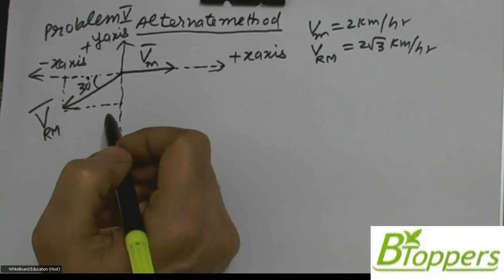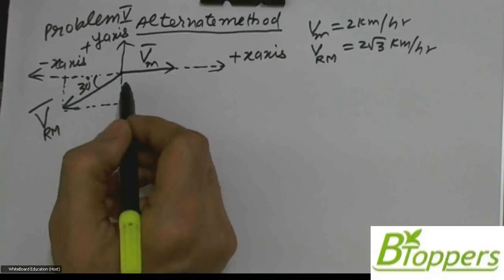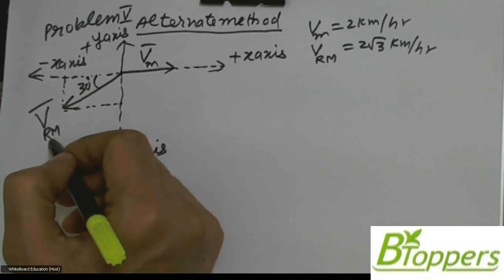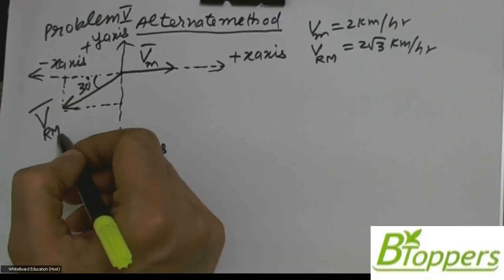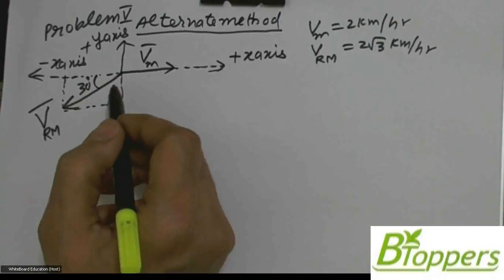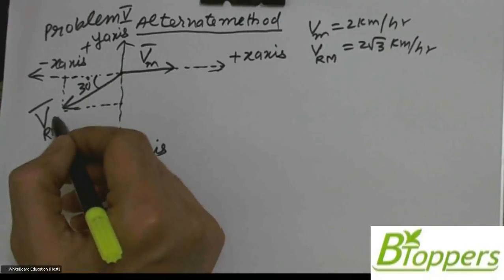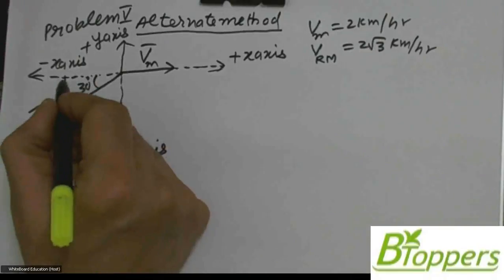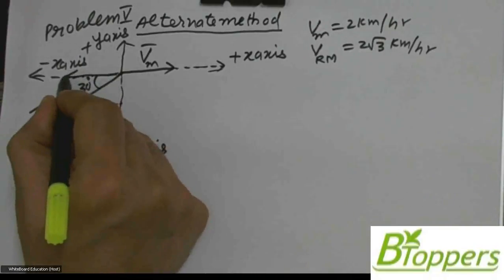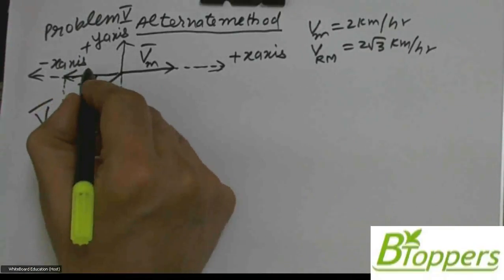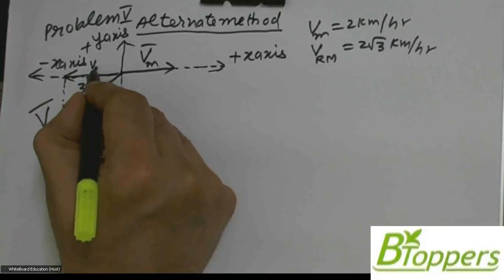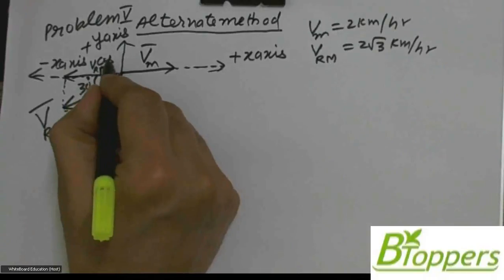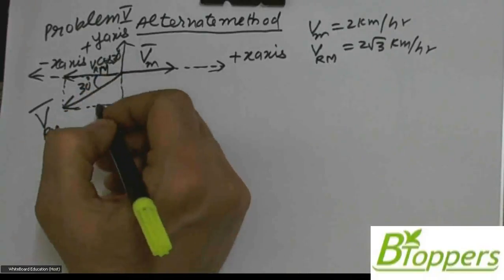You can construct a rectangle with adjacent sides along the horizontal and vertical directions such that V bar subscript Rm acts along the diagonal of the rectangle. So this component will have magnitude Vrm cos 30 degrees.